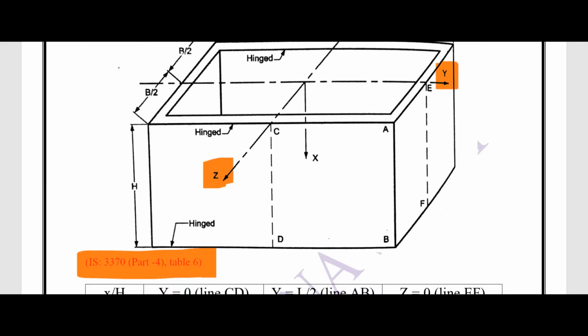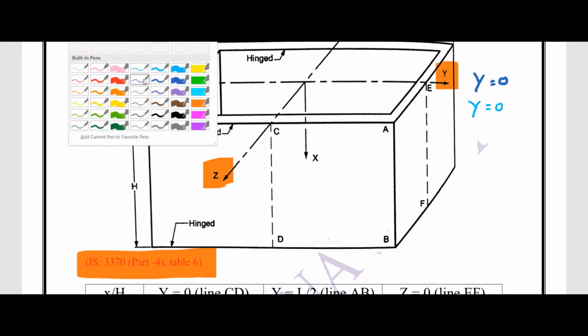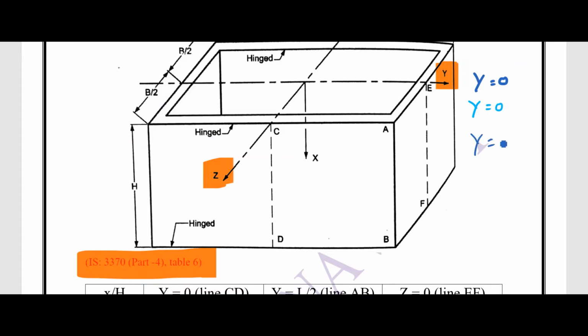What we have is y equal to 0, y equal to b by 4, y equal to b by 2, then z equal to c by 4 and z equal to 0.